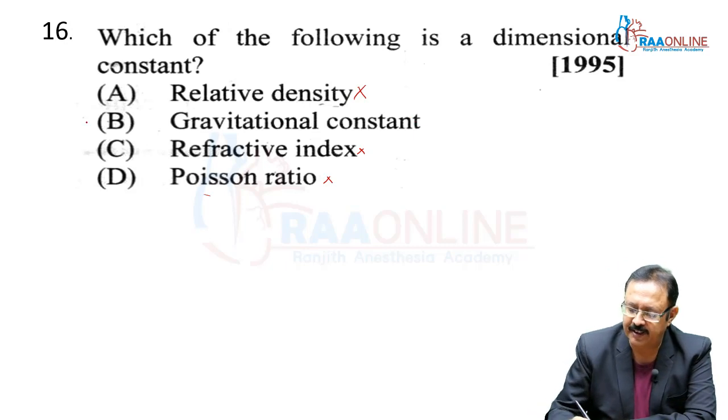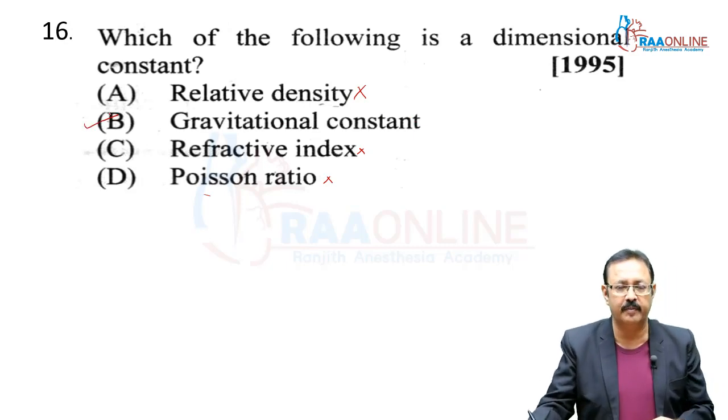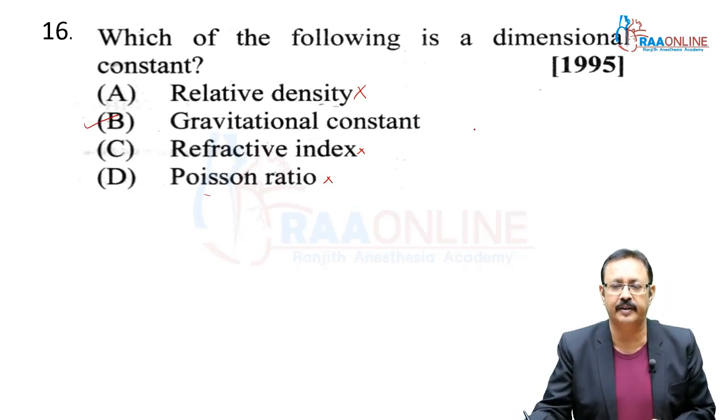Only one constant has dimensions, and we know the dimension for the gravitational constant, M minus 1 L3 T minus 2. You can calculate it from Newton's law of gravitation, F is equal to G m1 m2 upon r square.